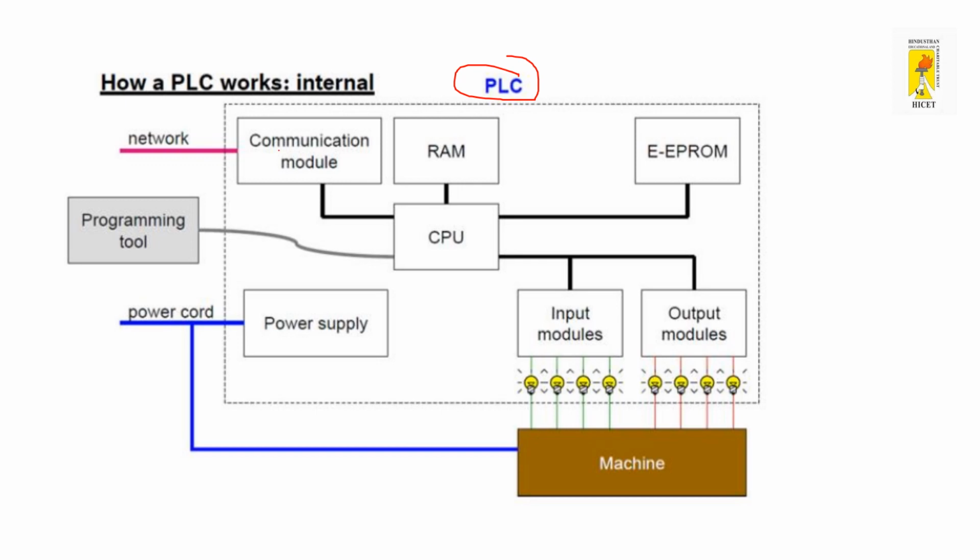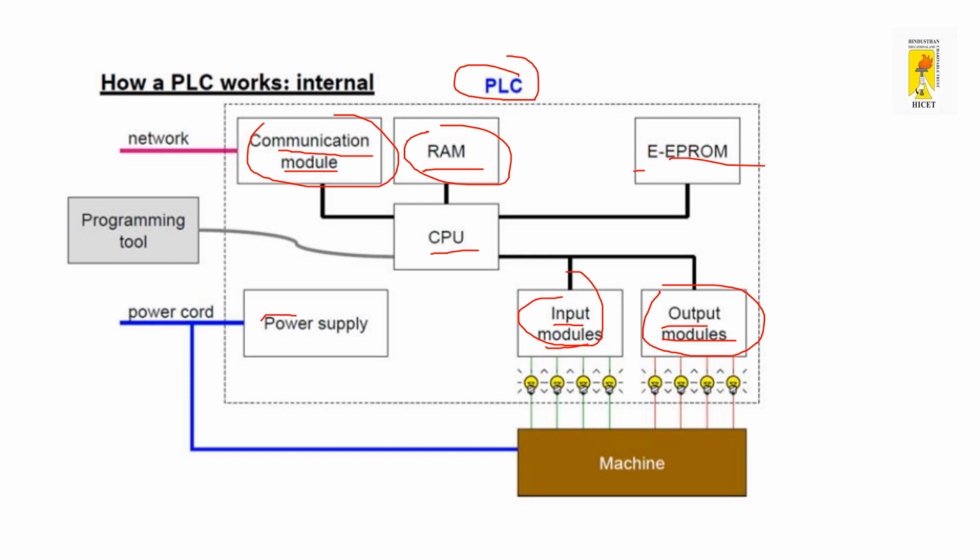The devices are the communication module, RAM, CPU, input output modules, and EEPROM. The CPU is connected with all these parts so that it controls all these parts of the PLC to get the output in an appropriate manner.